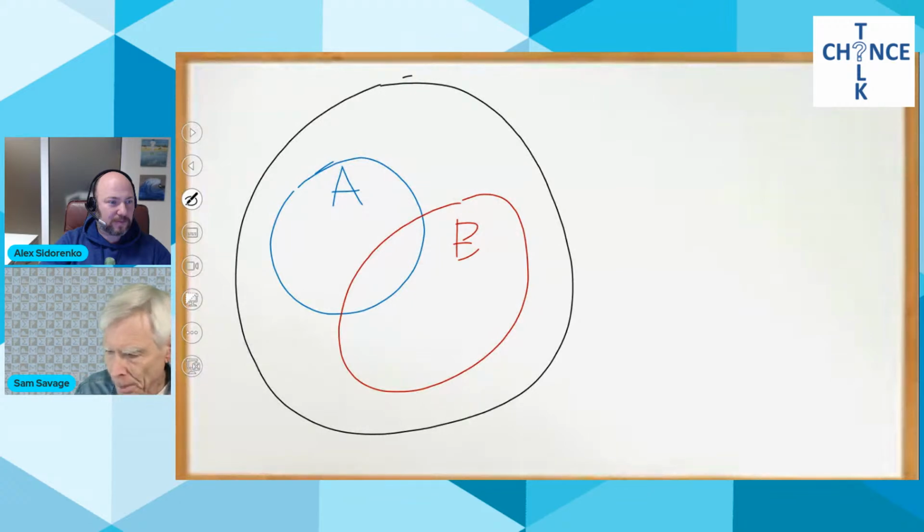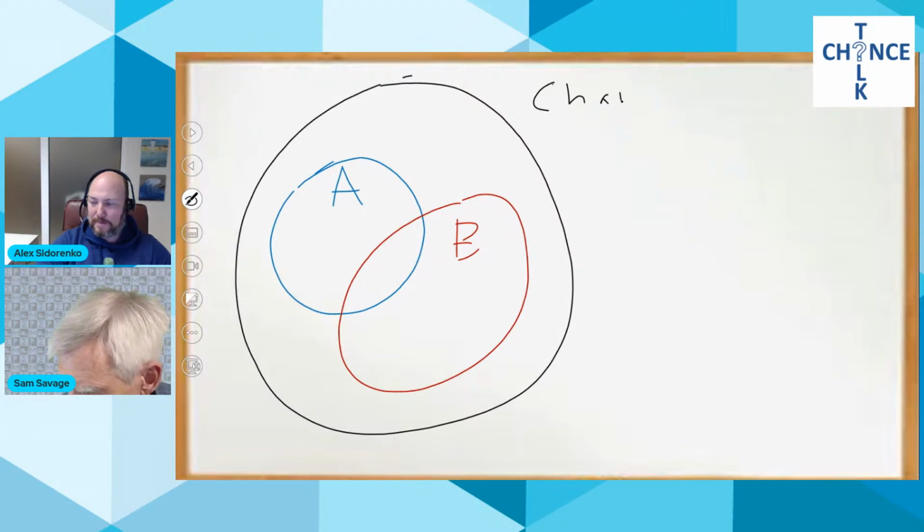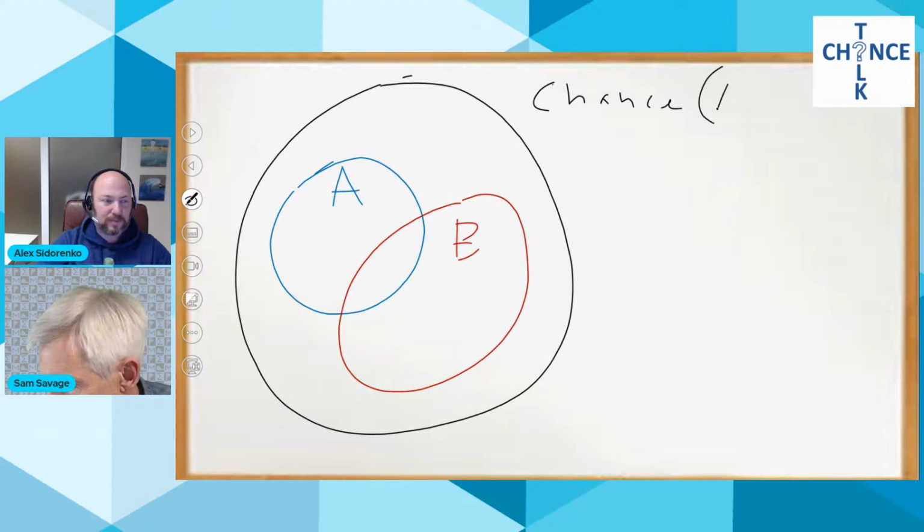So let's do the first one first. So if I am in A, so here let's say chance of A given B. Is that legible enough?